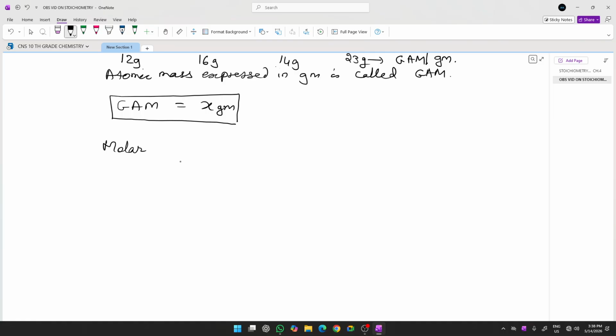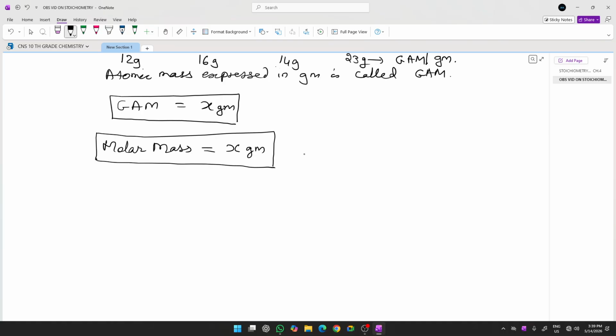We will revisit these terms in future videos, where I'll be explaining in more detail. Molar mass is nothing but the same as gram atomic mass. So just write this also as X gram.